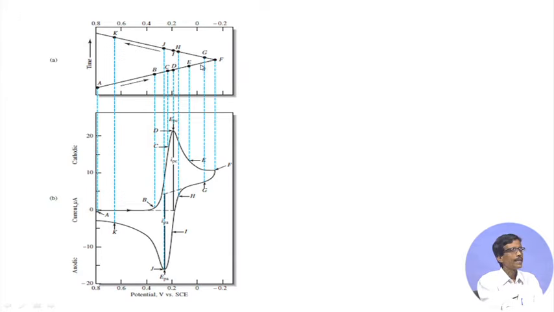For this type of scan, A to D, at D we reach the maximum. The maximum we reach in the plot is D, then as it scans till F, your current is decreasing.